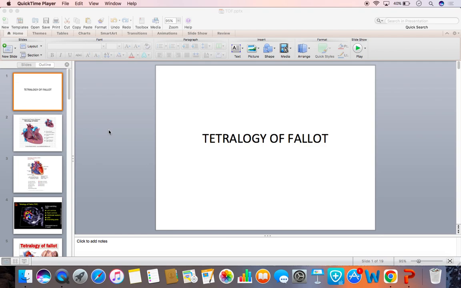As there is obstruction to the right ventricular outflow, blood is shunted from the right ventricle into the left ventricle and into the overriding aorta, and deoxygenated blood from the right ventricle gets mixed with the oxygenated blood coming from the left ventricle, and the systemic circulation contains the mixed blood. The child presents with cyanosis, that is central cyanosis.